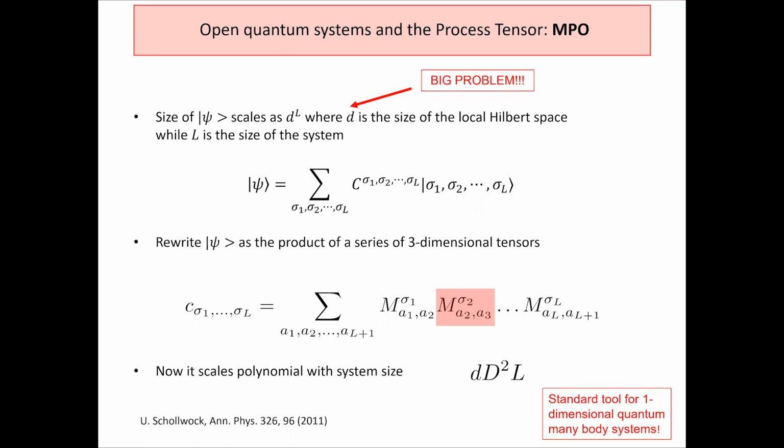And for time evolution, it was immediately seen, in papers by Fazio and other people, that the entropy grows linearly with time in standard systems. So very soon, MPS will no longer be relevant; it will stop describing the state.